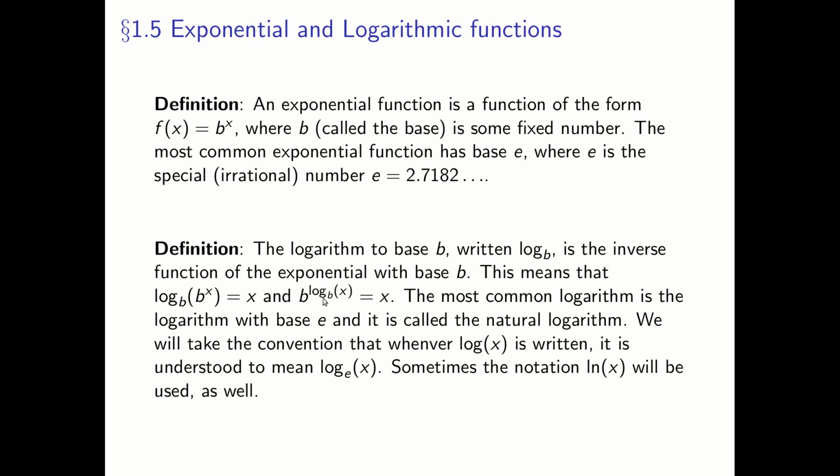So the point is that this is some kind of cancellation property, and the logarithm's defined so that this property holds. Now again, like I said, the exponential that we'll deal with pretty much all the time is e to the x, and therefore the logarithm that we'll deal with pretty much all the time is the logarithm with base e. And I write log for this. Some people interpret that to mean base 10, but no mathematician on earth does that.